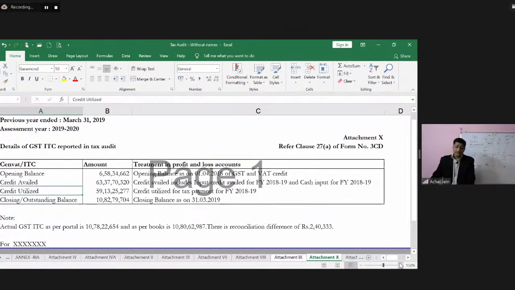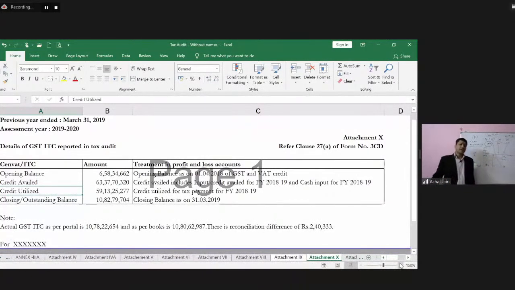So that's why any of the entities which are getting their tax audit done, we can just assume that they will also be subject to registration of GST. And that's why they will have the portals of GST, and all of these records around the input, credit, etc., in terms of the opening balance, in terms of the credit availed, in terms of its utilization, in terms of the closing balance, can be tracked through the GST portal.